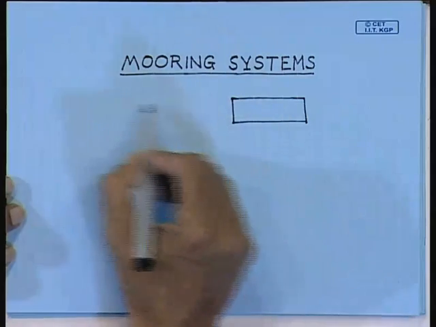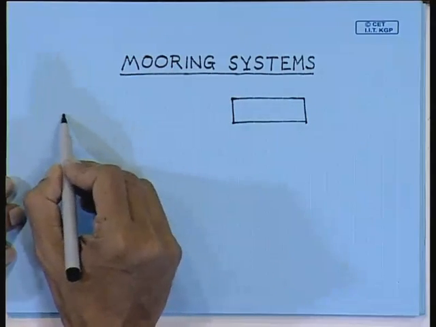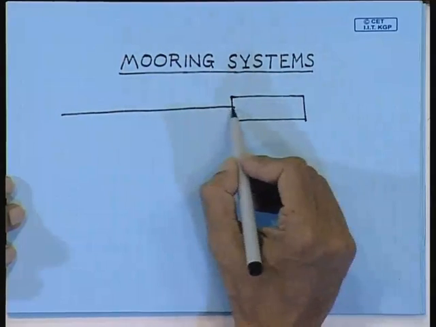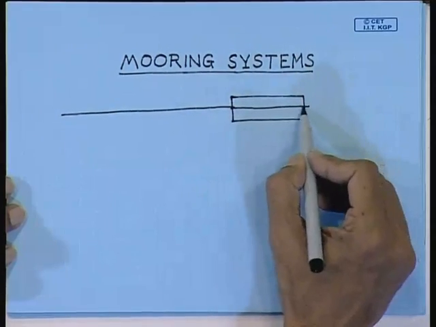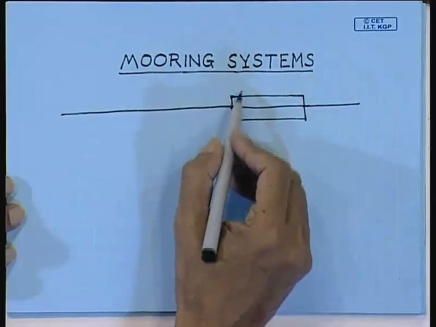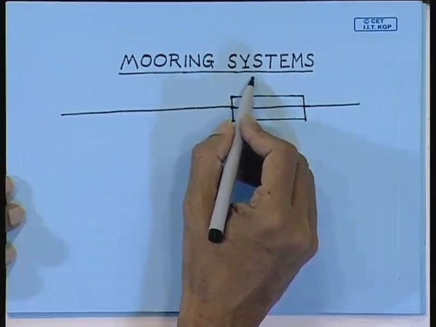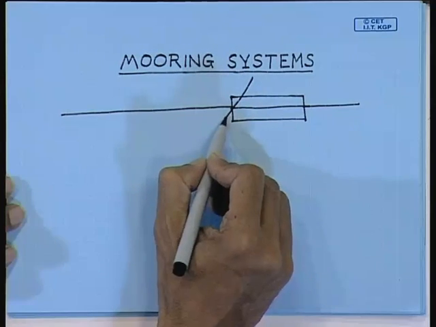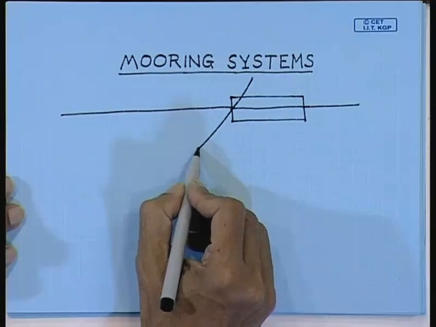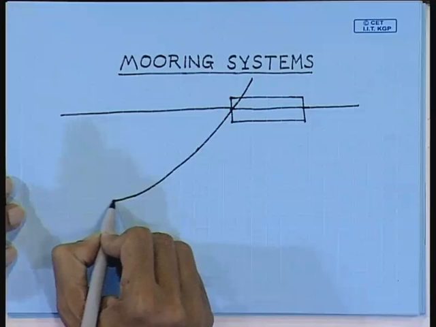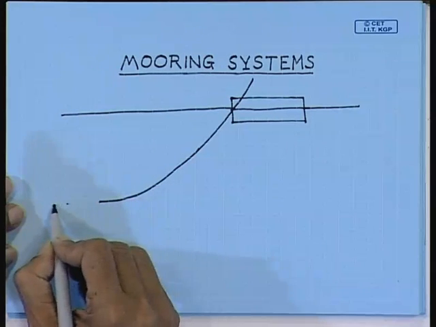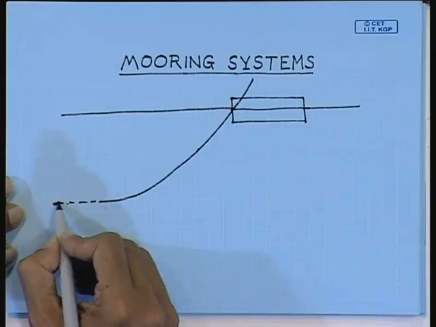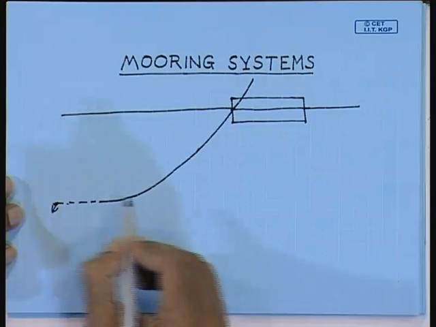So, this is our barge or your offshore structure. We are analyzing one simple line equation. Your anchor line, let us say that this is making a catenary, it is coming like this and it is lying on the seabed. So, this is your point of anchor.